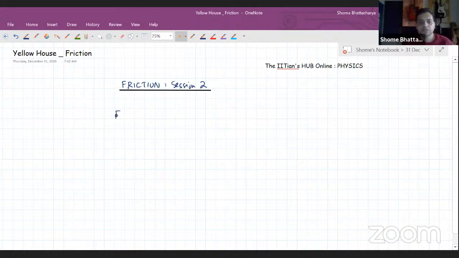So we had discussed friction as a tangential contact force. Tangential meaning parallel to the surface of contact. And it acts in such a way that it either opposes slipping or prevents slipping.